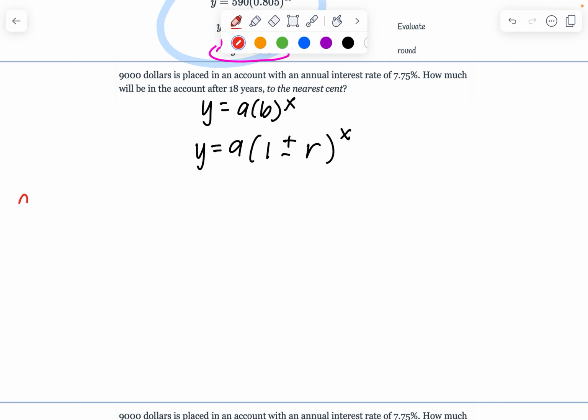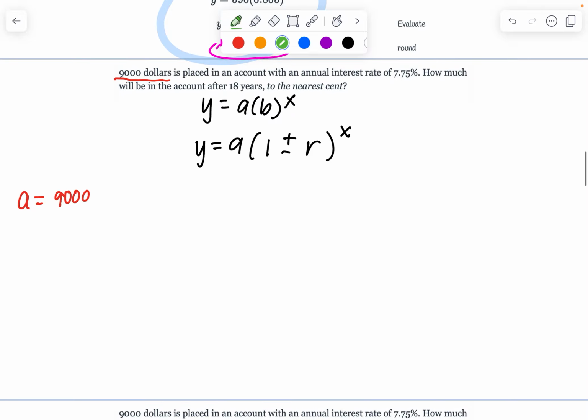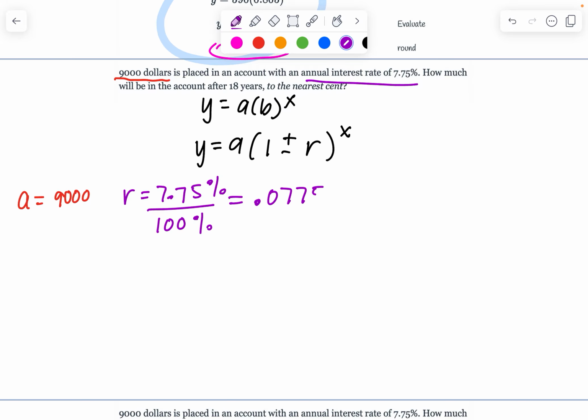And we need to just start off by saying what A is, our initial amount. We have $9,000 in the account. We have our interest rate of 7.75%. Part divided by the whole. That's going to give us 0.0775.